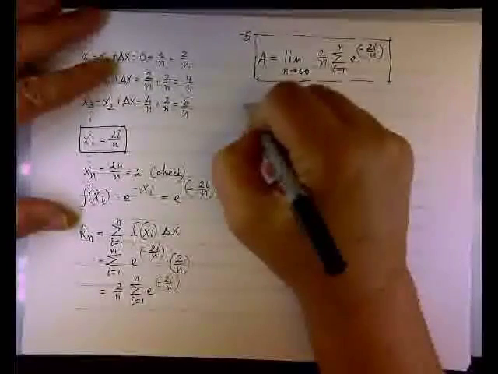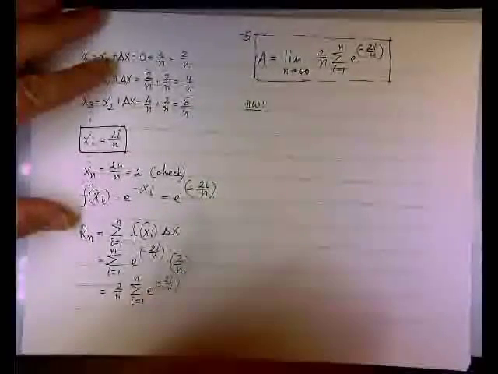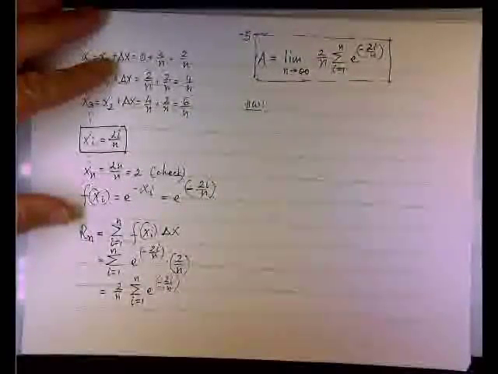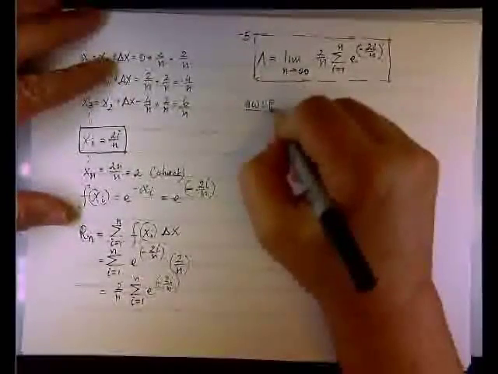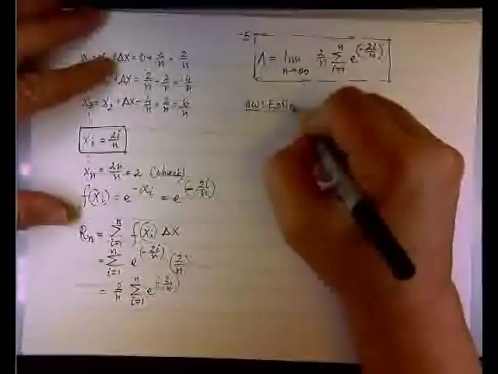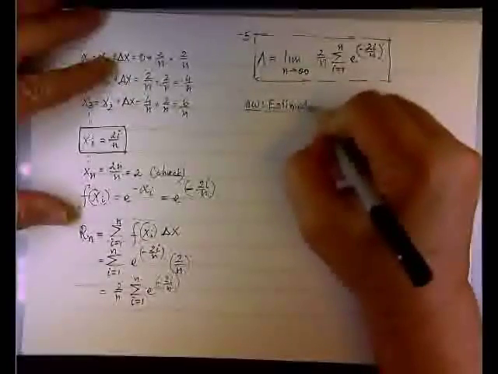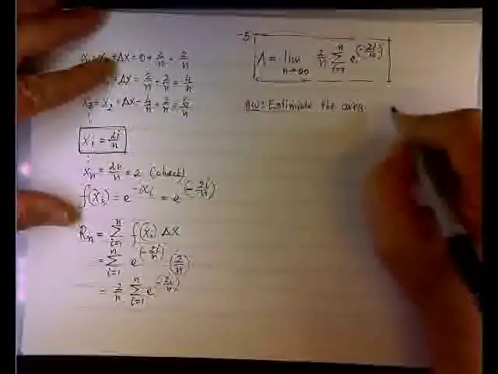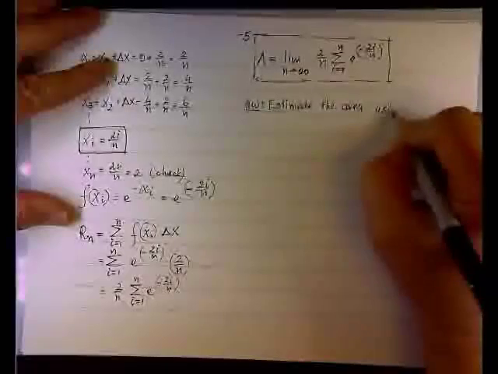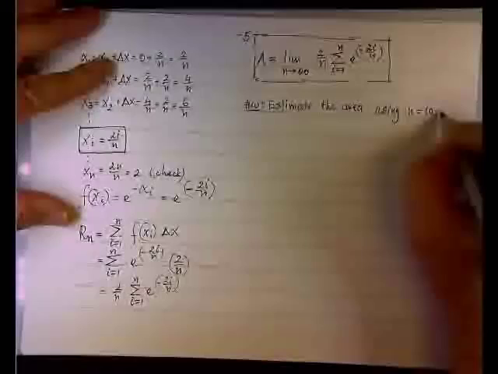Okay? For instance, for homework, you can evaluate or estimate. This is exact, but you can estimate at home the area if you substitute n with 10. So estimate the area using n equals 10 intervals.